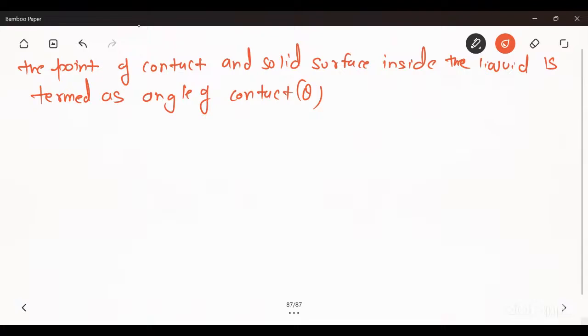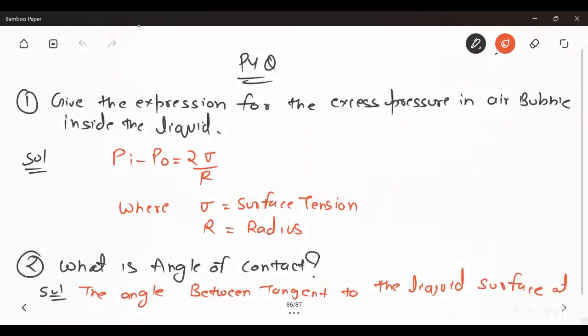Now come to the next question. Next question is also the same: give the expression for the excess pressure in an air bubble inside the liquid. Same question repeated again.